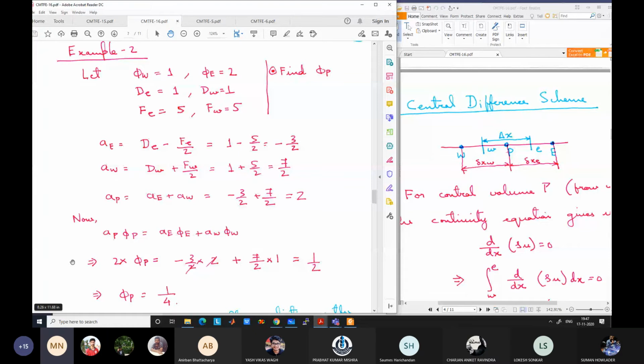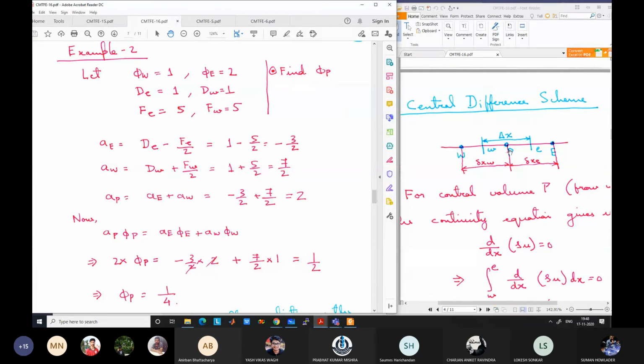Yes, it should be between 1 and 2, because when you have neighboring grid points and there is no source term, then the variation has to be continuous. Without any source term, I cannot suddenly have this point with a higher value and again a lower value, like low, high, low.